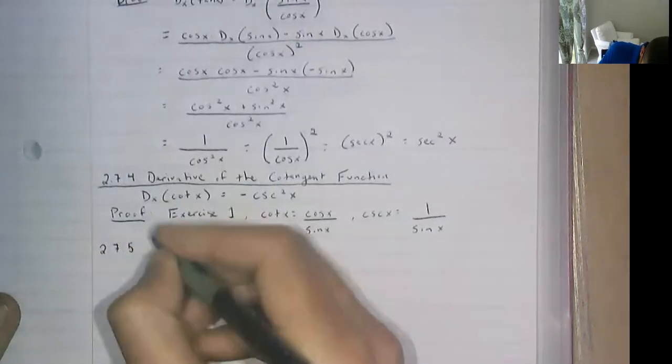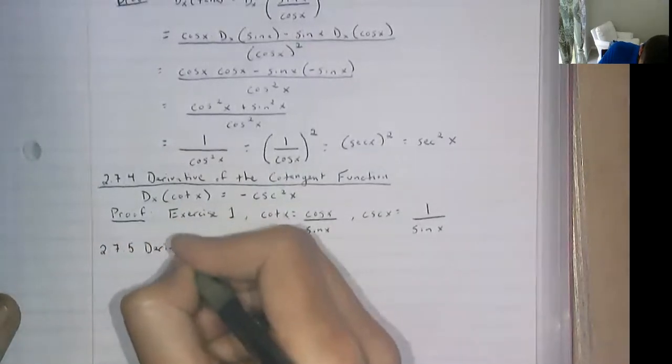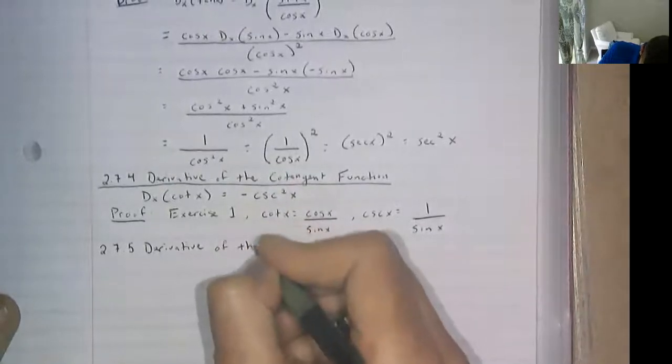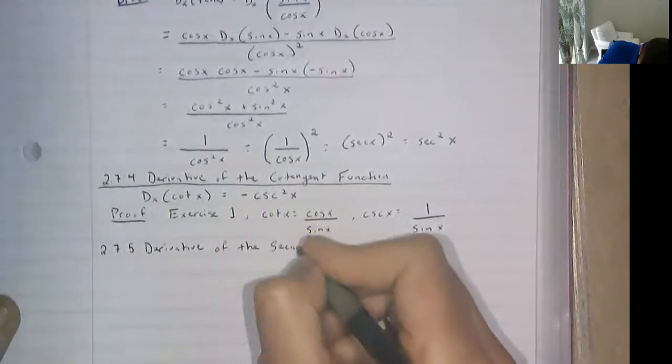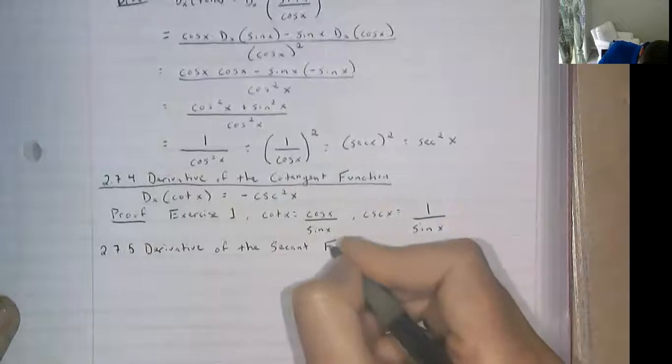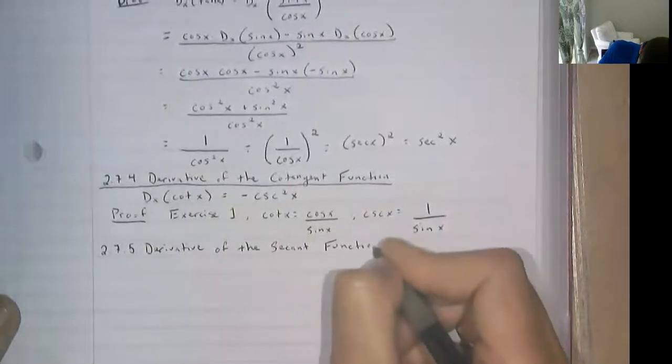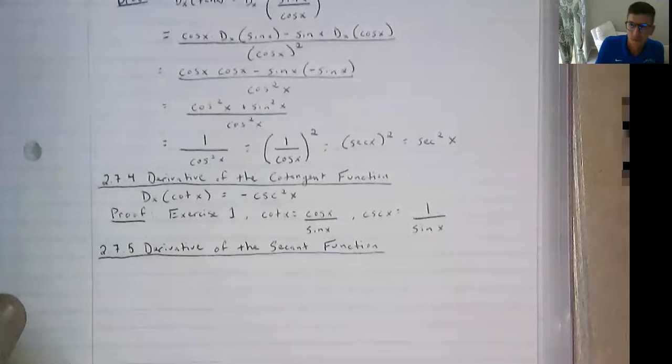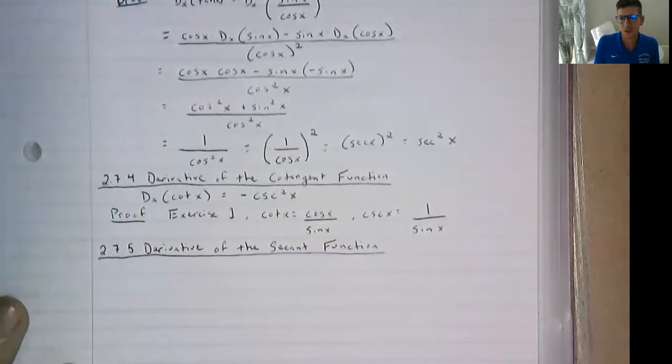2.7.5 is the derivative of the secant function. I guess we could just do the proof and see where we're going. And I'll tell you where we're going.